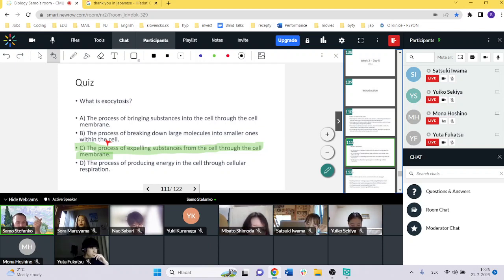Do you remember the names of them? The first one is when we are creating more complex substances, and the second one is when the complex large molecules are broken down into smaller ones to release energy. Do you remember? Two types of metabolism, basically two groups. Is there anyone who remembers?